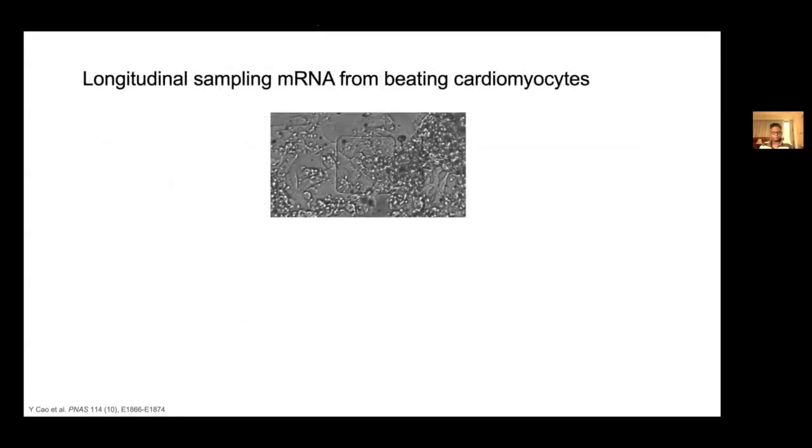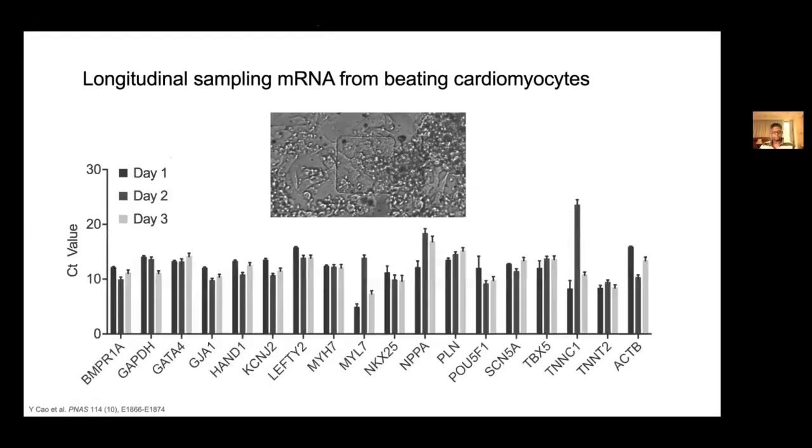So the Nanostraw system not only allows us to do living cell extraction, but it can do it repeatedly. In this study, we verified that we can do repeated extraction of the mRNA from the same set of beating cardiac cells over 3 days and analyze the mRNA extraction level of 18 genes. So here's the first movie to record expression level in the same set of beating cardiac cells.